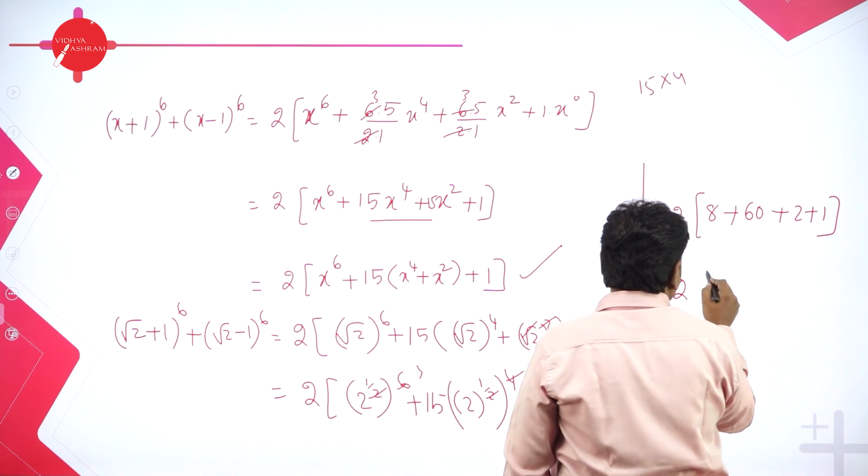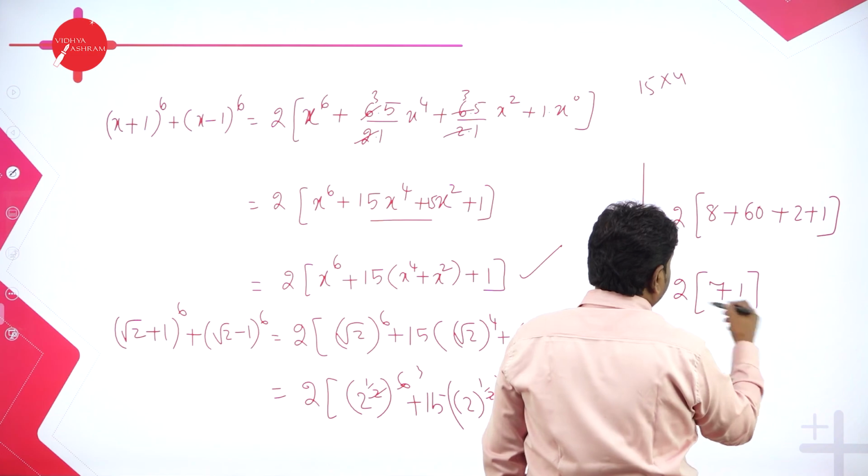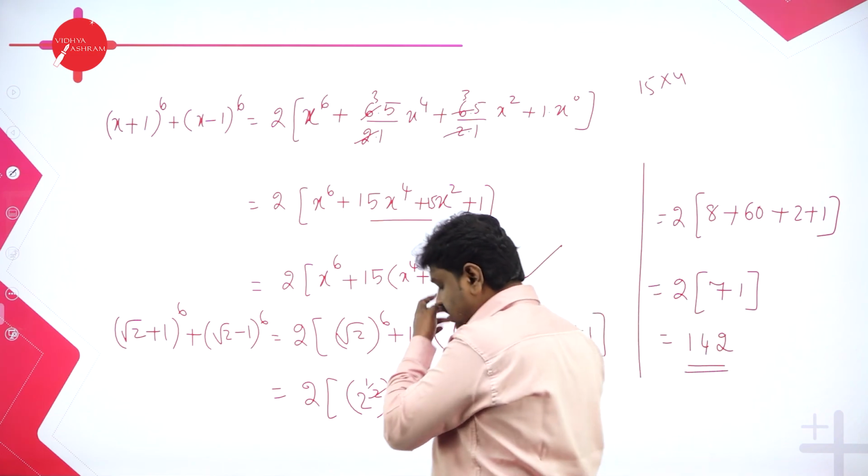Simplify this, 2 into 68, 70, 71, 2 7s are 14, 142. So this is the value.